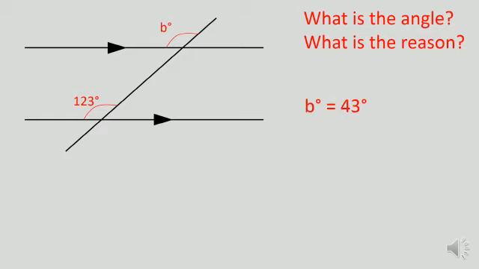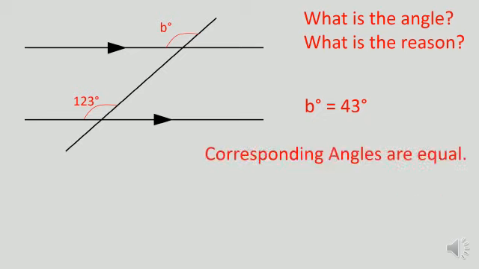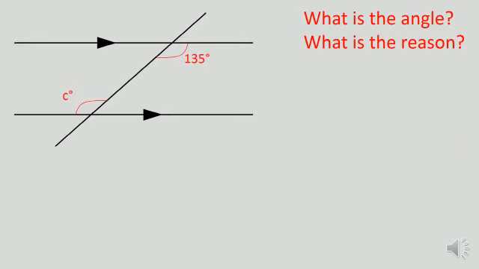If they said that angle B equals 43, do you think it's true? It's wrong. The angles should be congruent because they are corresponding. Also here in C, they are alternate interior angles. It's true.